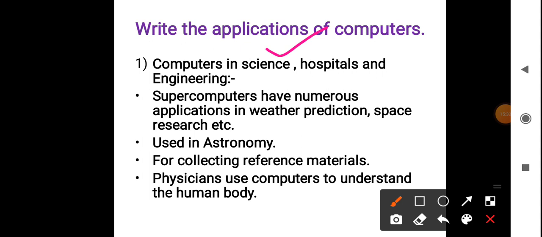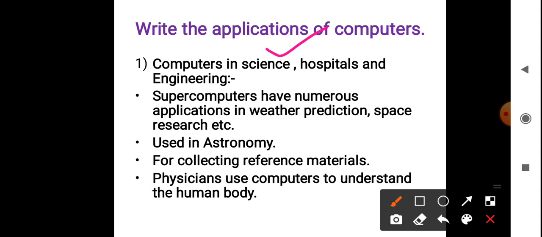So one is computers in science, hospitals and engineering. Nowadays computers are used in all the industries, like astronomy, schools, colleges, everywhere. So in science, hospitals and engineering, how are they used? Supercomputers have numerous applications like weather forecasting and space research.